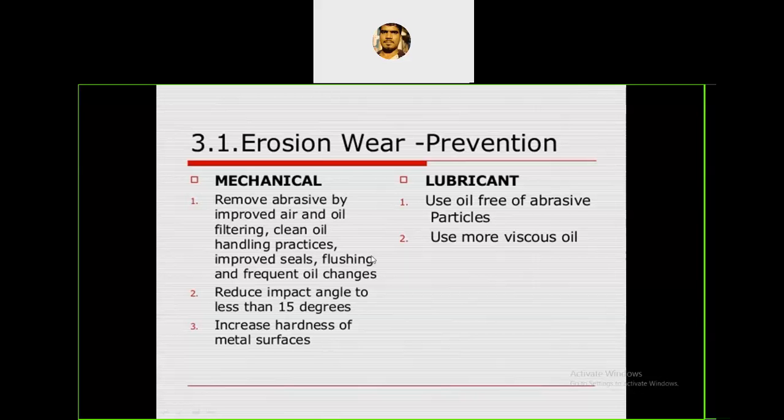If it is less viscous, obviously the flow rate is more and the impact is also more. So use more viscous oil so that it will reduce the flow rate. Clear? So these are the mechanical and lubricant ways to reduce erosion wear. That is the third important wear, erosion wear.